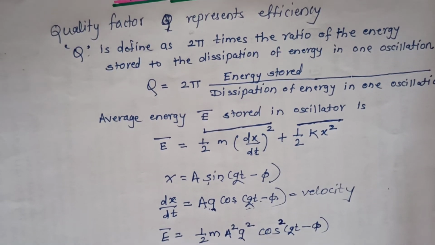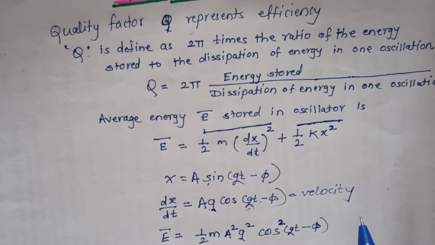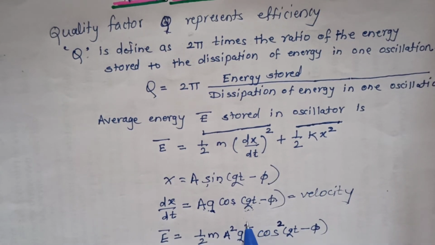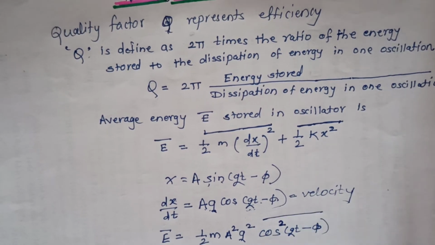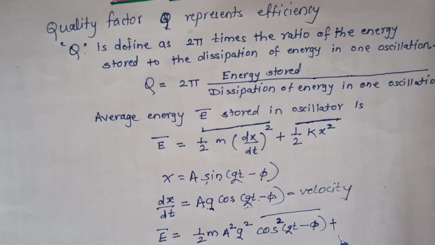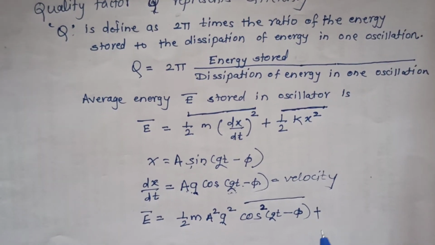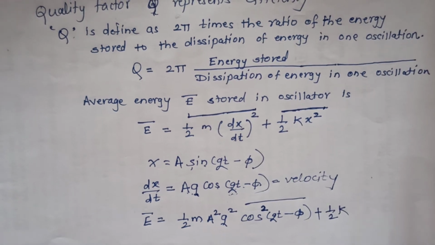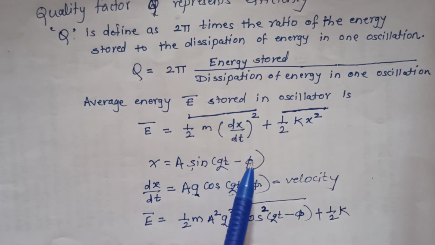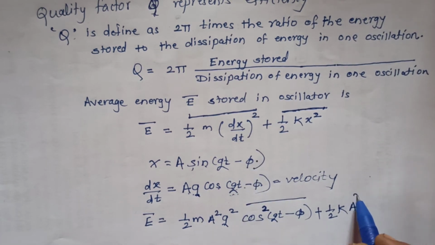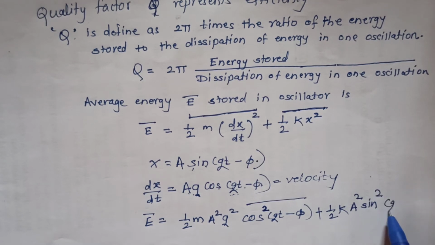This is 1/2 m (dx/dt)^2, take its average, plus 1/2 k x^2, 1/2 k as it is, the value of x is a sin(qt - phi), its square, it means a^2 sin^2(qt - phi).